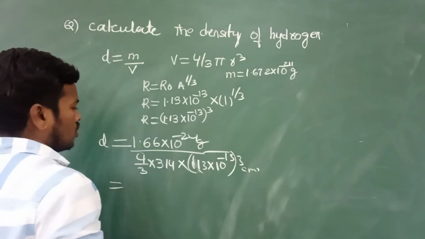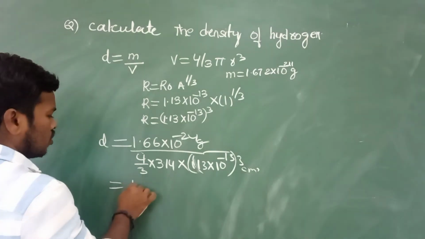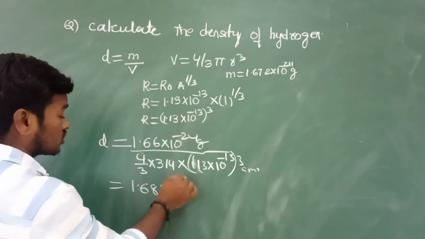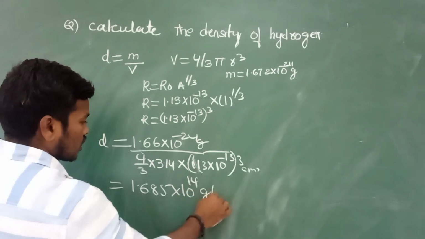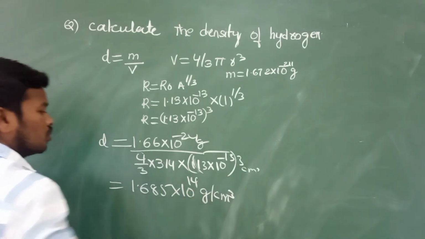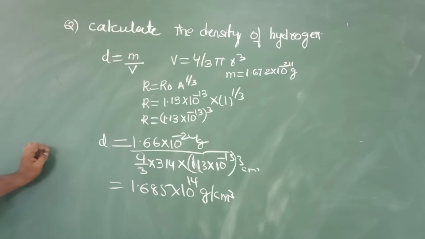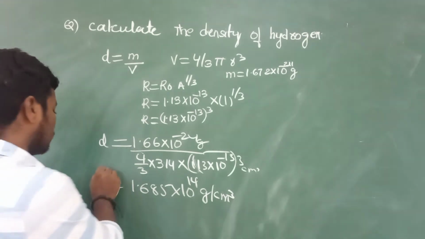By simplification you will get approximately 10 to the power of 14 gram per centimeter cube. So this is the approximate value of the density of hydrogen.